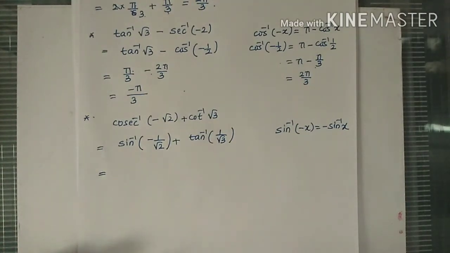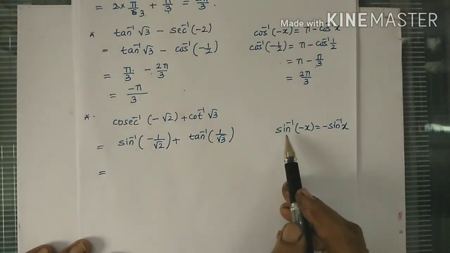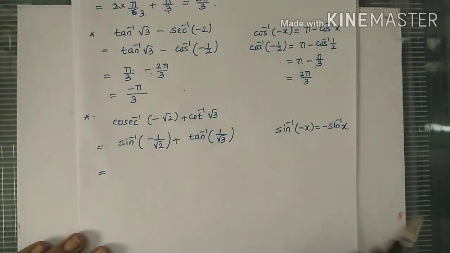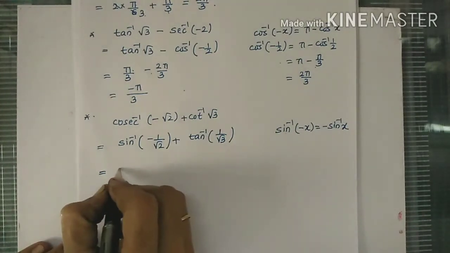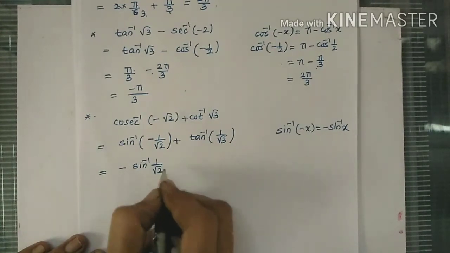Though the proofs are deleted, we still need the properties to solve the questions very quickly. If you learn the properties, then you will be able to solve the questions very quickly. So the property is sine inverse of minus x is minus sine inverse x. Using this property, we can write this as minus sine inverse of 1 by root 2.